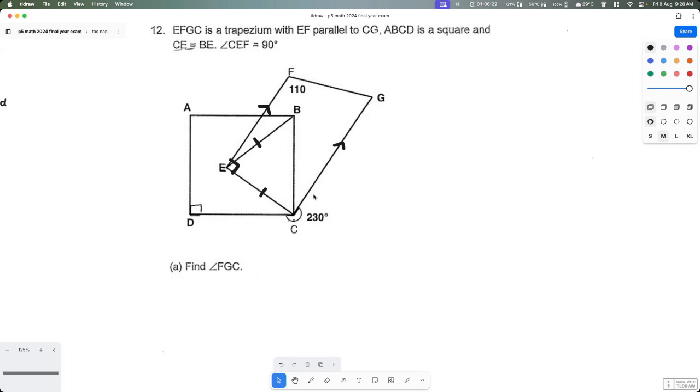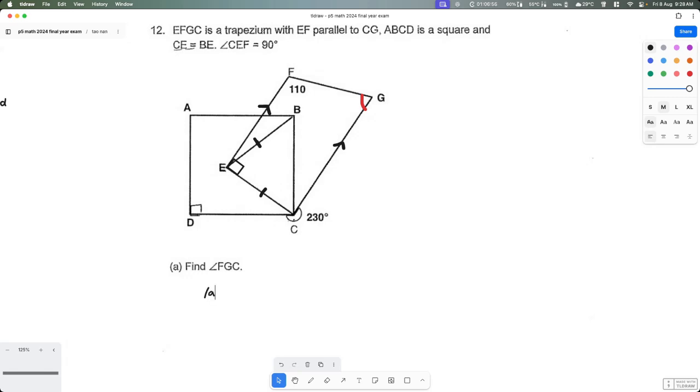FGC, so this one. I'm going to make this red so we know that this is what we are looking for. We also want this to look a little bit nicer. From here, can we get FGC? We know that if this is 90, this is also 90.